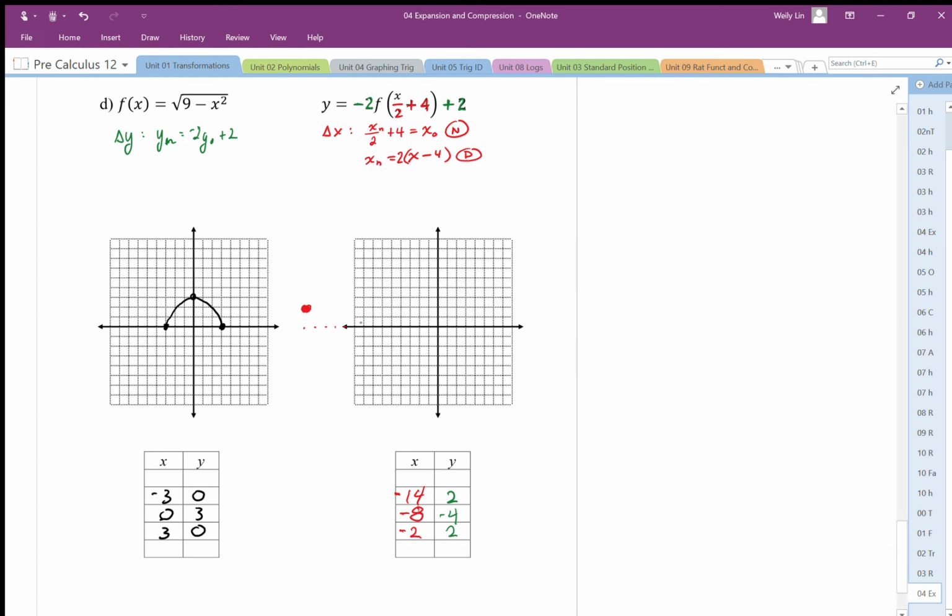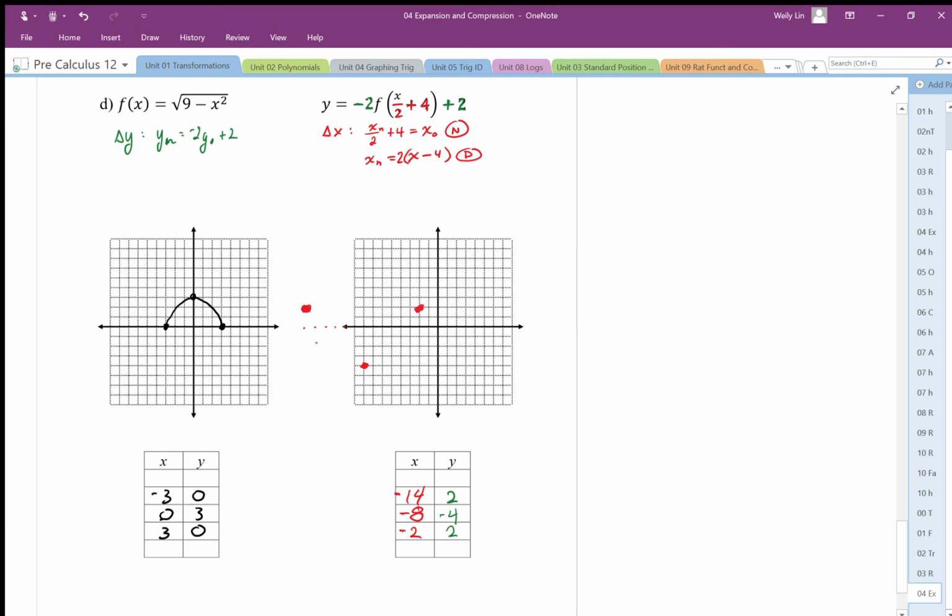Negative 8, negative 4. So it's going to be down here. There's going to be my next coordinate. It's going to definitely be a bigger semicircle horizontally, bigger vertically as well. So negative 2, positive 2 is going to be right here. So that's going to be the other vertex.